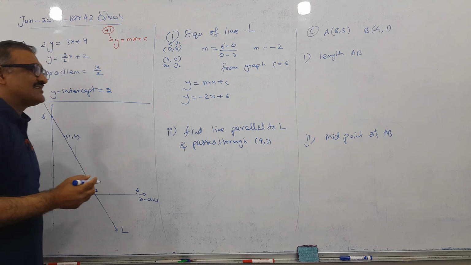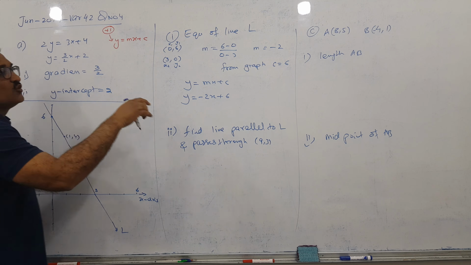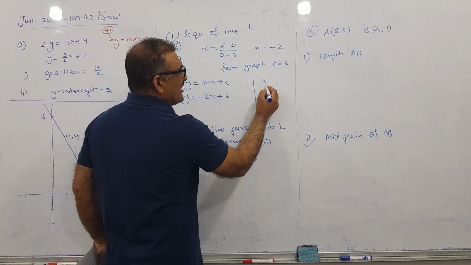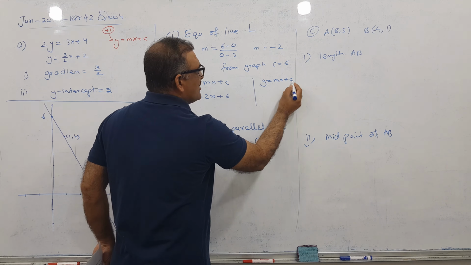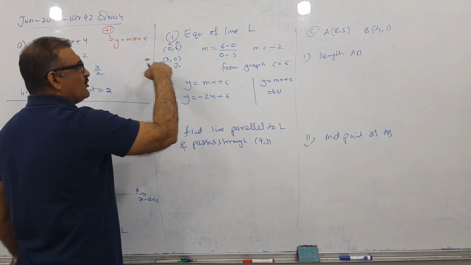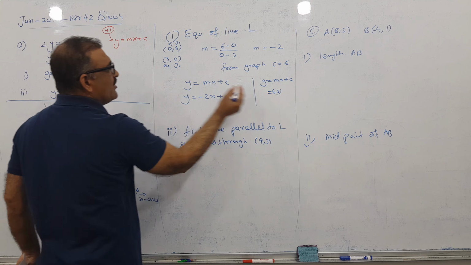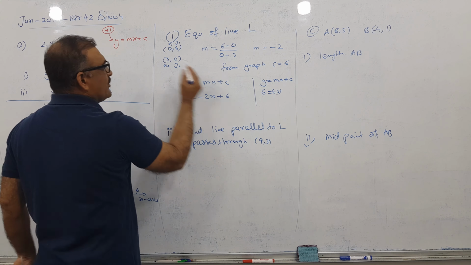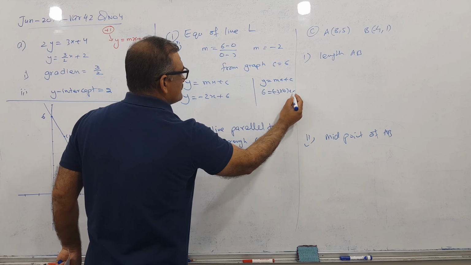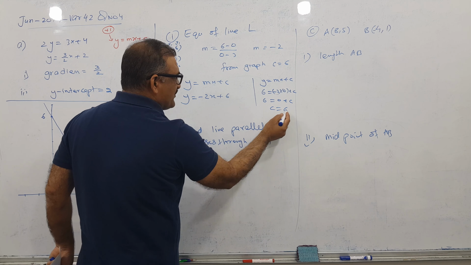But some students say, sir, what if this point is not visible? Then we can do the working. What is the working? y equal to mx plus c. Put the m value here and take any point you wish and put it there. For example, I put this y value 6 and this x value 0, so c becomes 6. You can see this is perfectly the same.